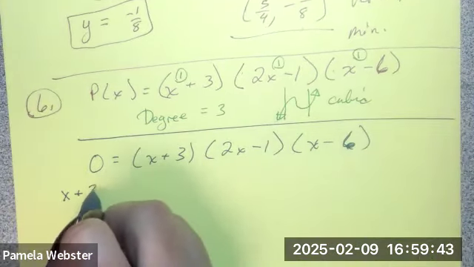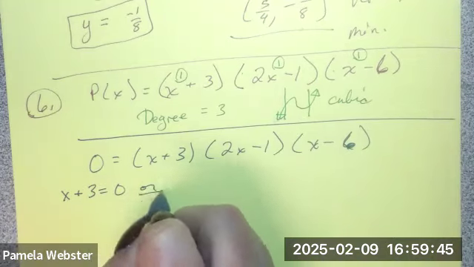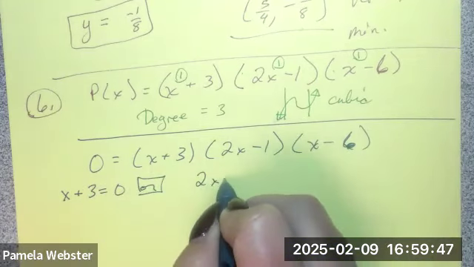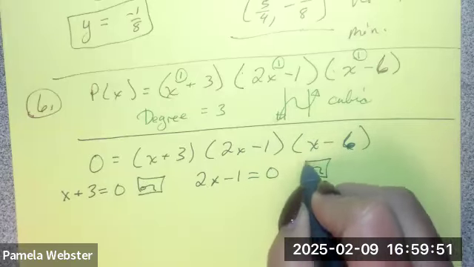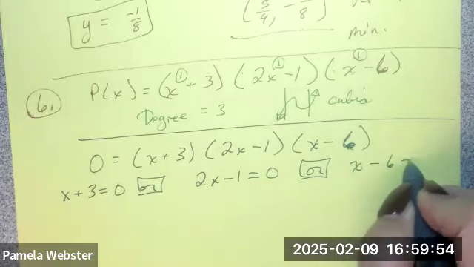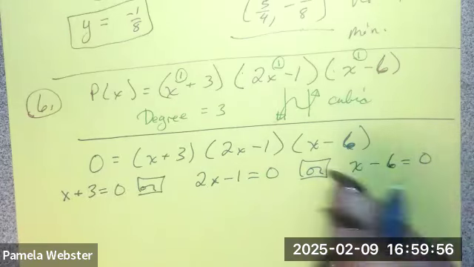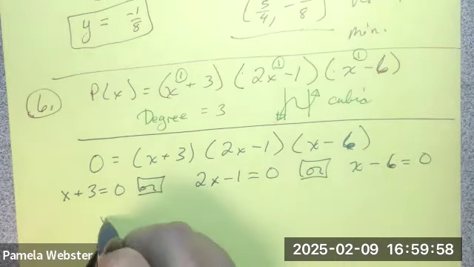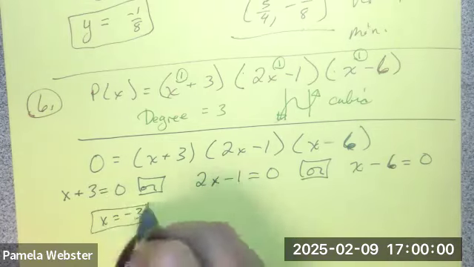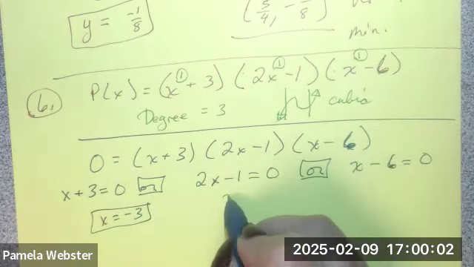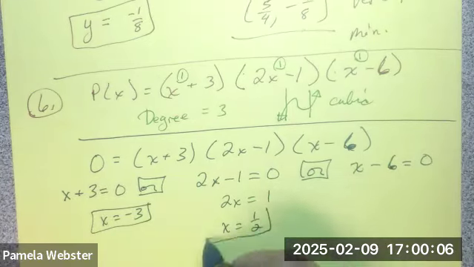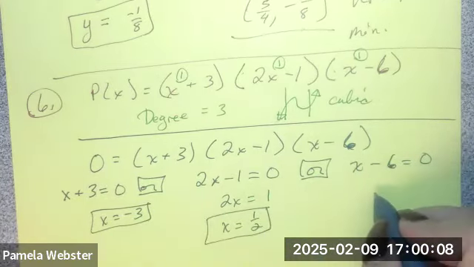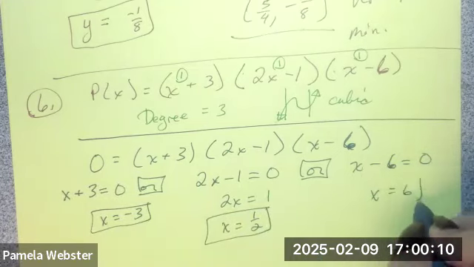We can just say either x plus 3 equals 0 or 2x minus 1 equals 0 or x minus 6 equals 0. Okay, so these are not hard to find. X equals negative 3. Add the 1, 2x equals 1, or x equals 1/2. Add the 6, x equals 6.